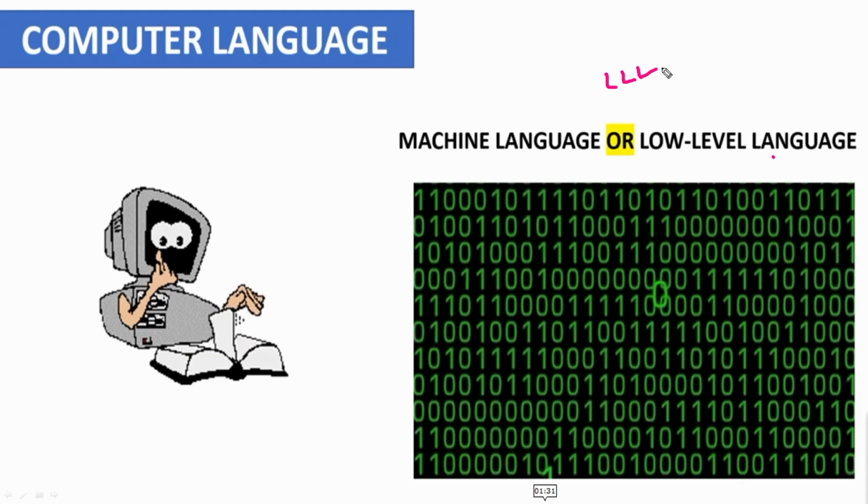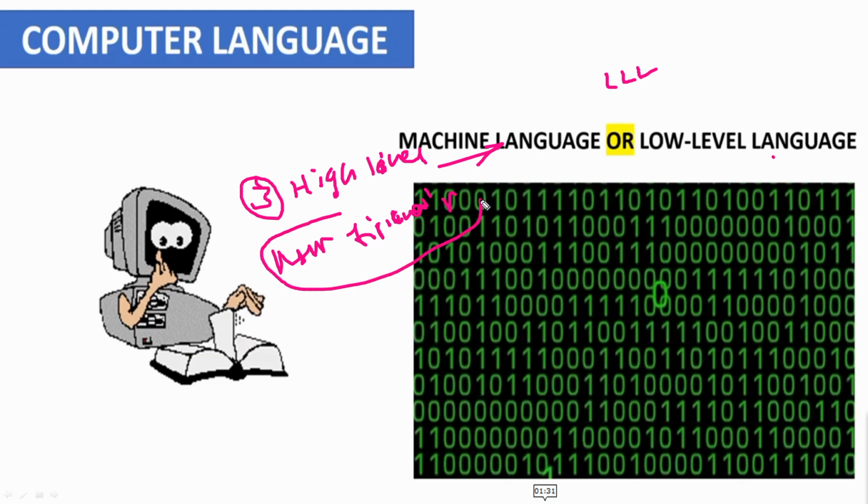Now the third one is high level language. High level language is a user friendly language. User friendly means it is very easy to write and easy to understand for the users. And we use the English language to talk or to write.